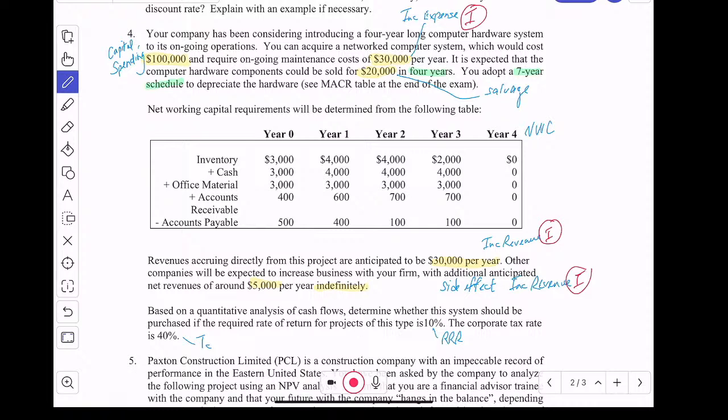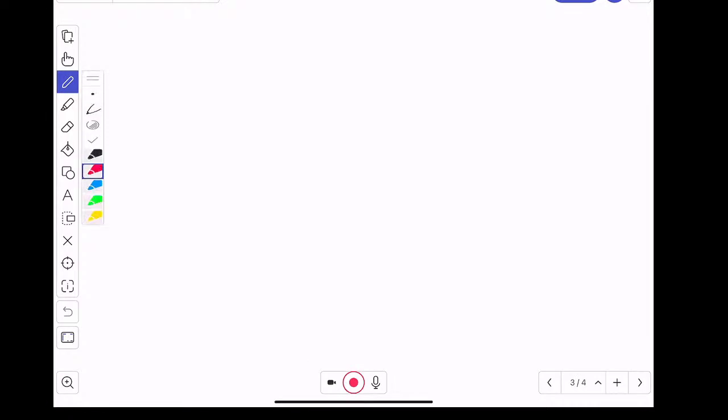I already sent you the solutions for this, so you already have this. So we begin, we want the present value of income, right? And that's going to be the $30,000 per year incremental revenue minus the $30,000 per year expense.